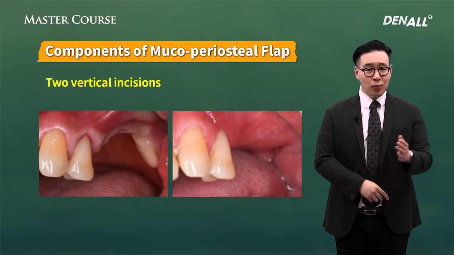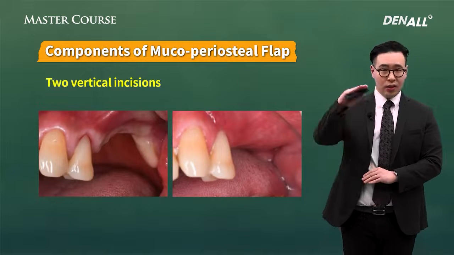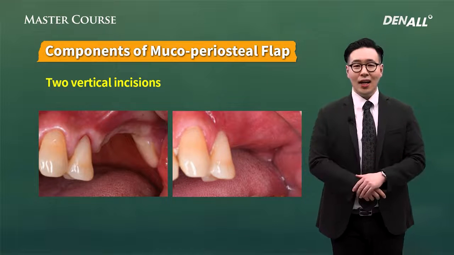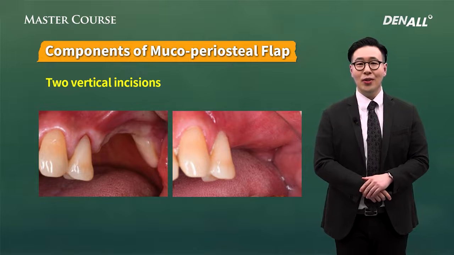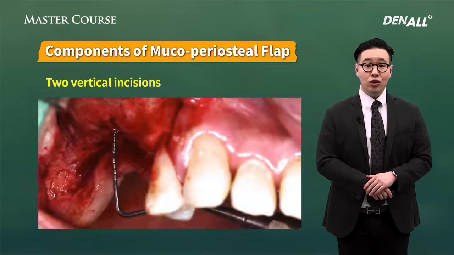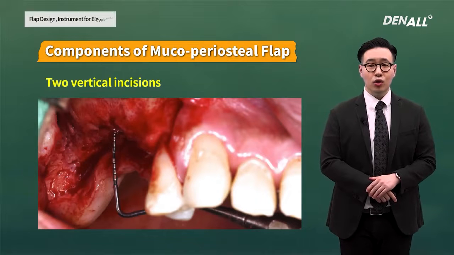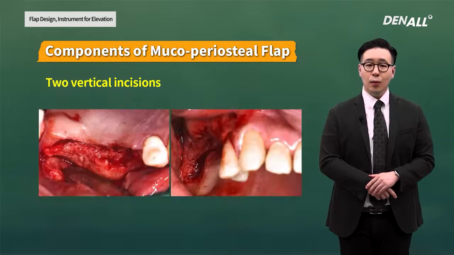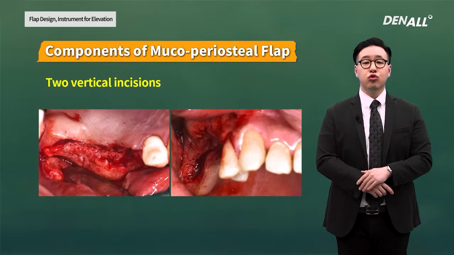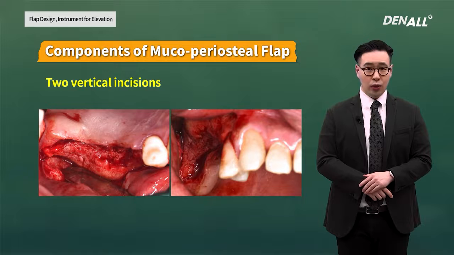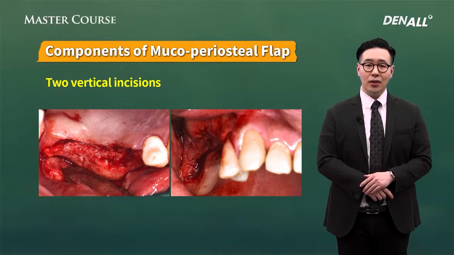However, as shown in this case, what shall we do if there is severe horizontal and vertical resorption? Major bone defect in upper posterior, it's much more difficult to access compared to lower posterior. 2 vertical incisions need to be made to do sufficient flap elevation.